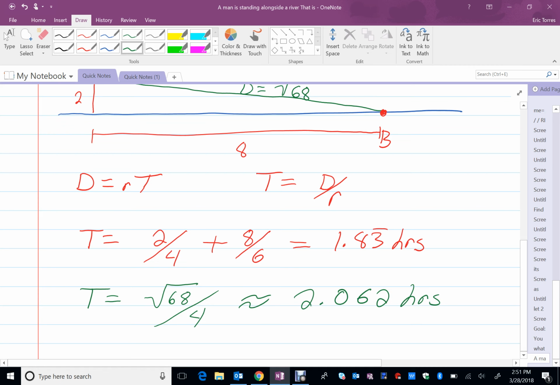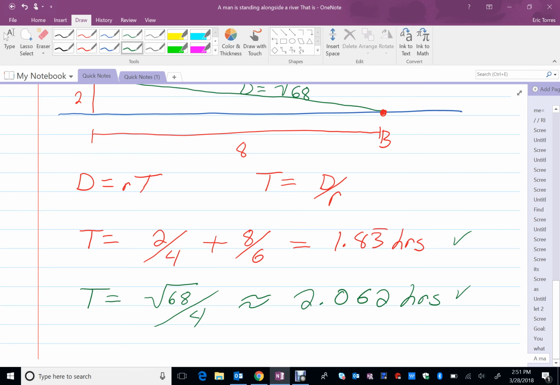Okay, so clearly right now it's better for him to row straight across than to row directly to it. So right now, of these extreme options, the best choice would be straight across.